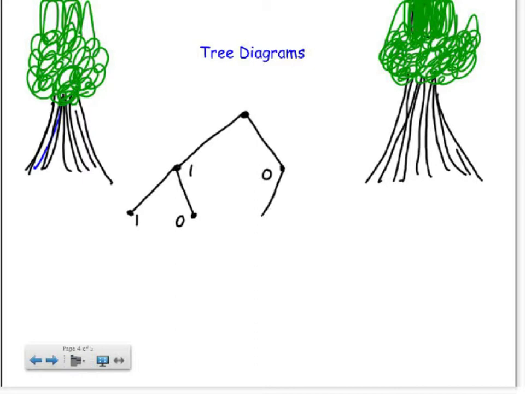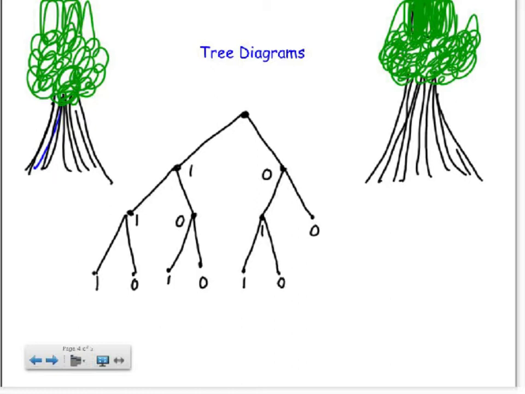The same goes for the string that we started out with, the 0. And to go once more, we can go 1, 1, 1 and 1, 1, 0. We could go 1, 0, 1 and 1, 0, 0. 0, 1, 1, 0, 1, 0, 0, 0, 1, and 0, 0, 0.